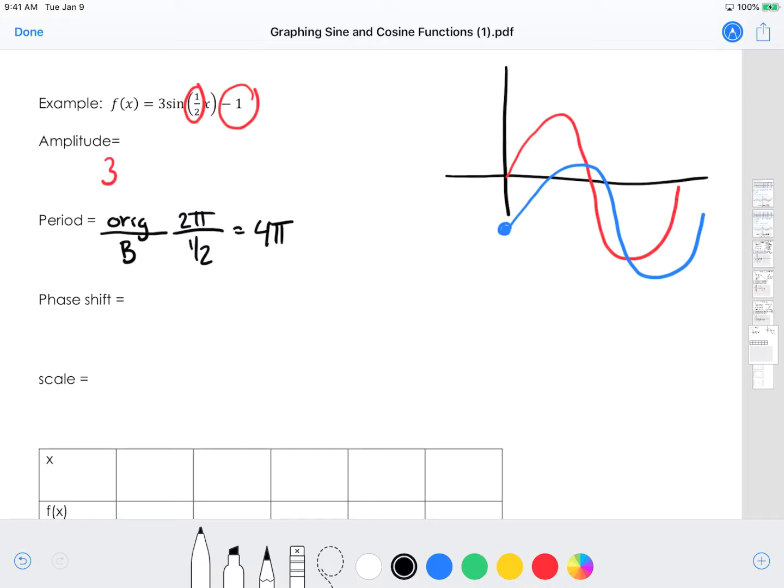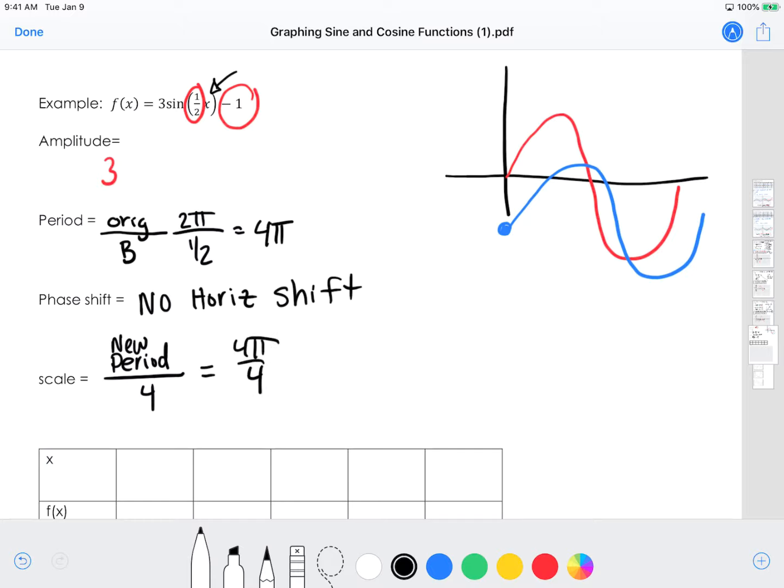Now, because I don't have a minus c in here, notice inside the parentheses, I don't have a minus or a plus something in there. There's no shift. So no horizontal shift. So it's going to start at 0. The scale is the new period of the new function, not the mother function, the new function, divided by 4. So I'm going to take 4 pi divided by 4, and that's going to give me pi.